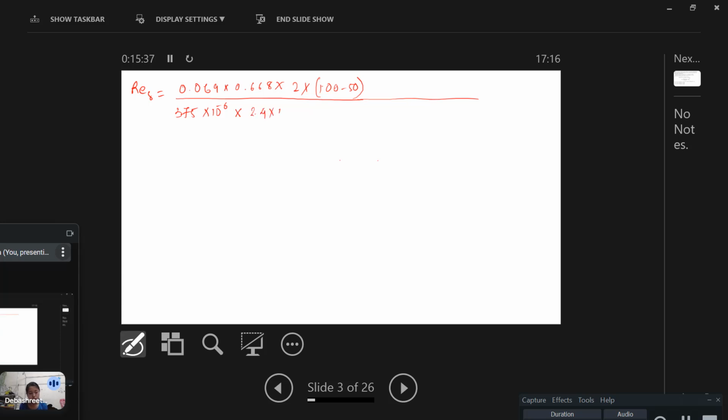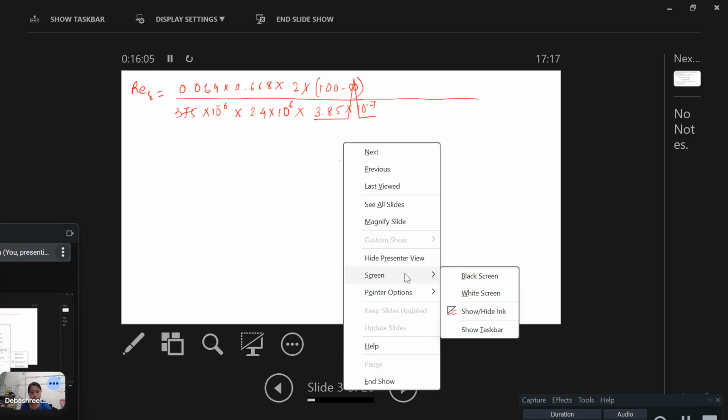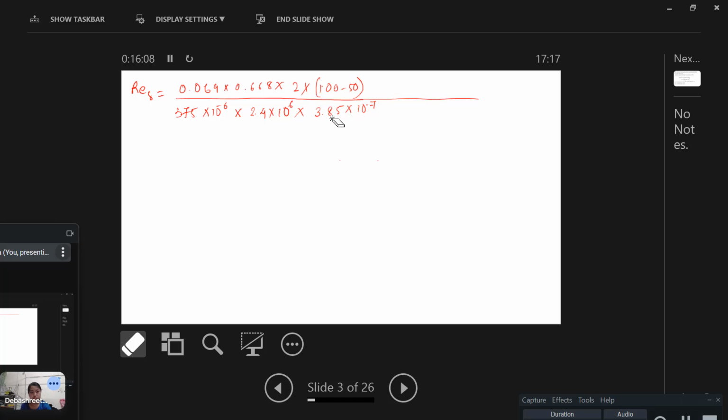Into mu square by g. So what will this be? 3.85 into 10 to the power minus 7, divided by g. g is 9.8, whole to the power 1 by 3.